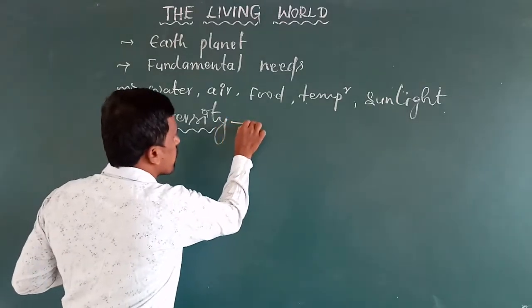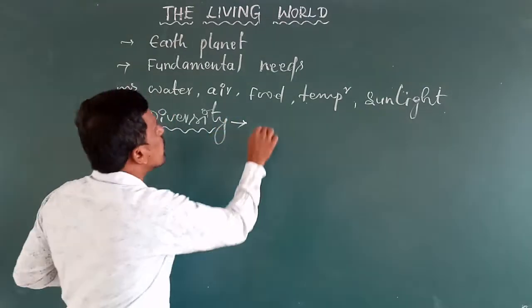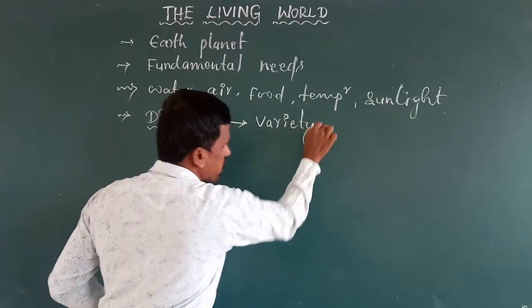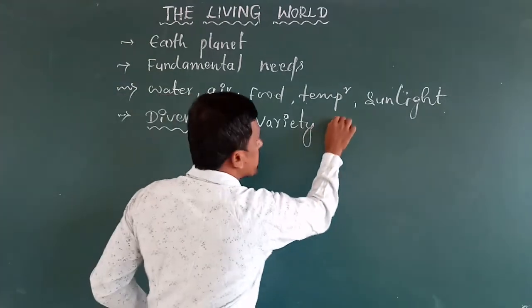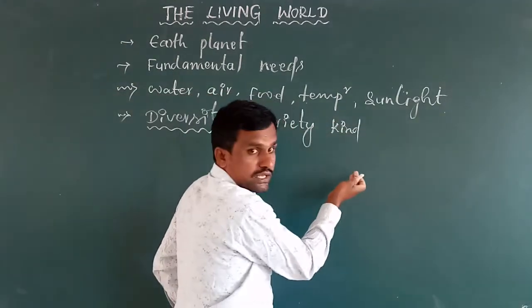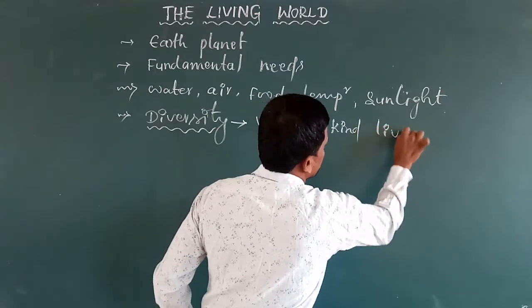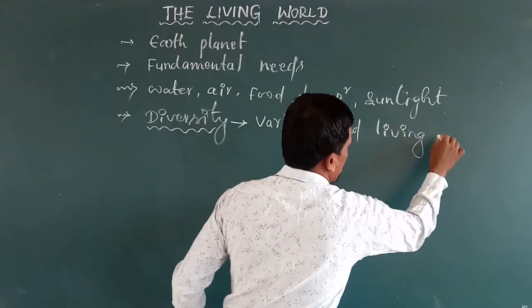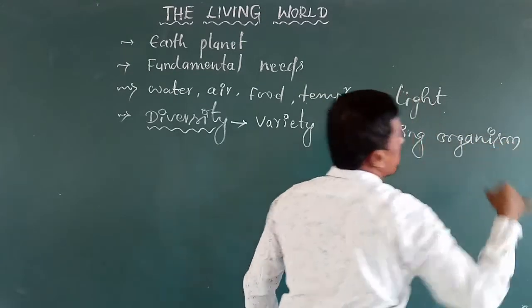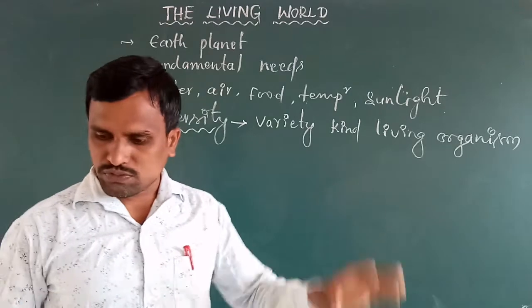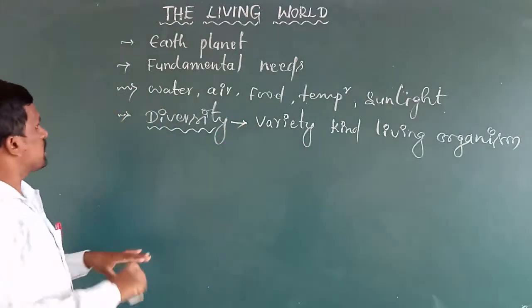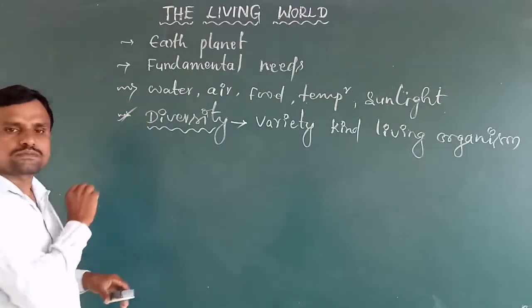The meaning of diversity is variety, or different kinds of living organisms which are present on the planet Earth. So we call this diversity.